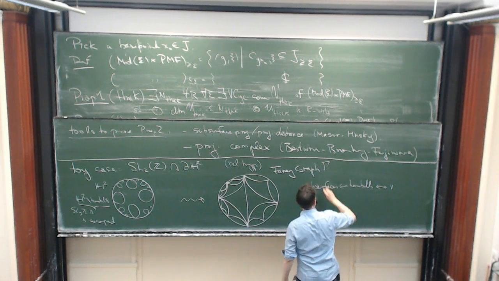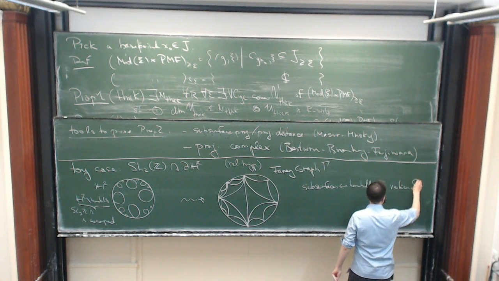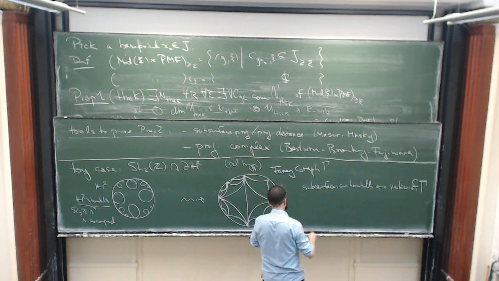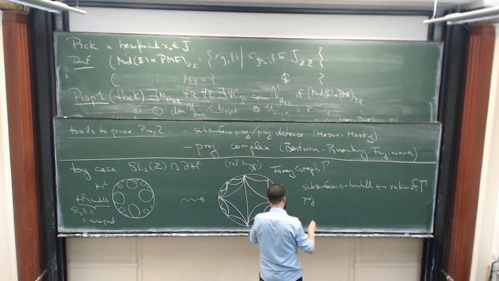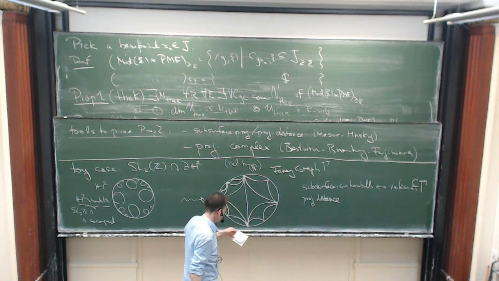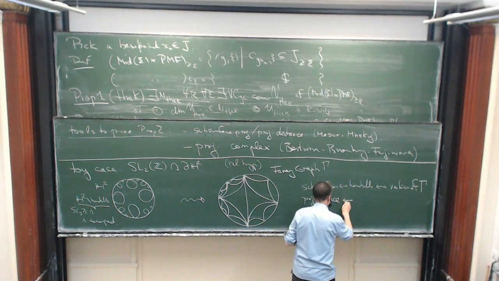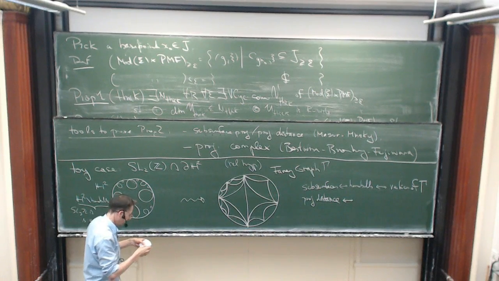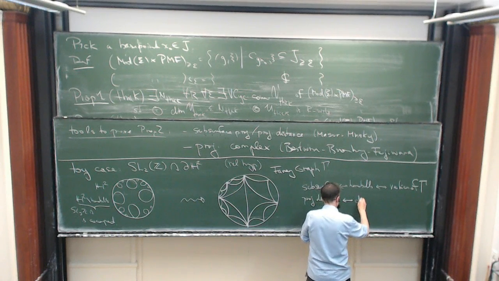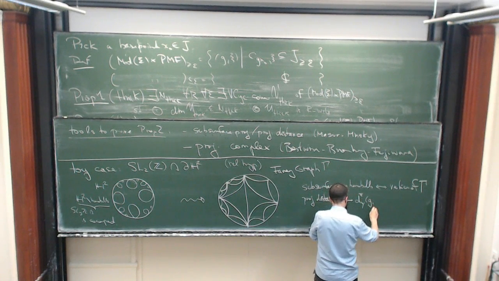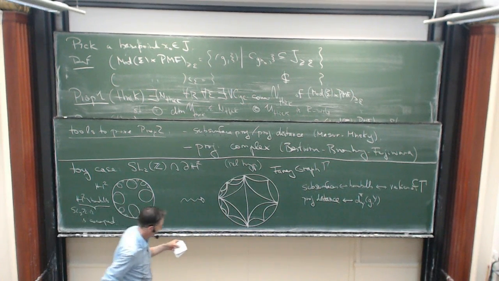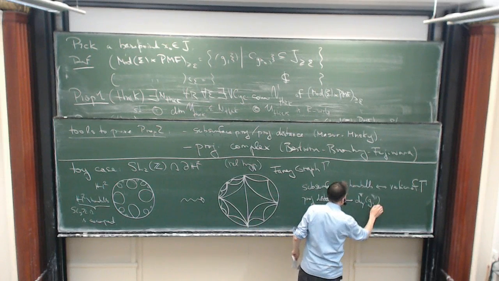Let's call it gamma. The projection distance. There are various versions of it, between what different things we want to take the projection distance, but I want to take it between a group element and a point on the boundary.